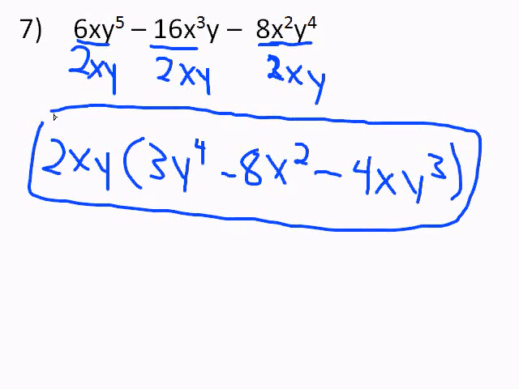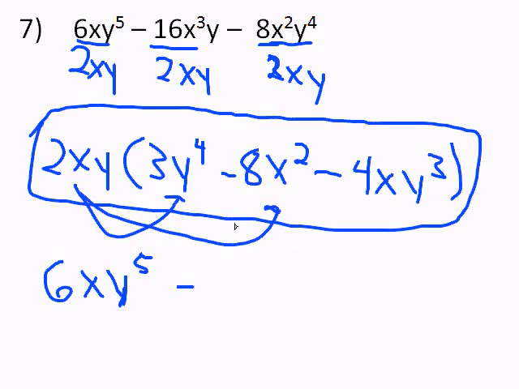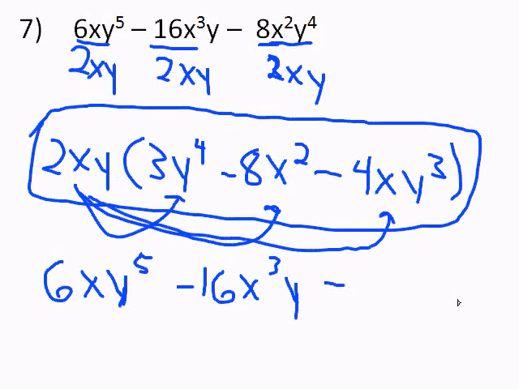We can always check that by distributing 2xy. 2xy times 3y to the fourth gives us 6, x times nothing is x, y times y to the fourth is y to the fifth, minus 2xy times 8x squared gives us negative 16, x times x squared is x to the third, and we get a y, minus 2xy times 4x y to the third gives me negative 8x squared y to the fourth, because x times x is x squared, and y times y to the third is y to the fourth.